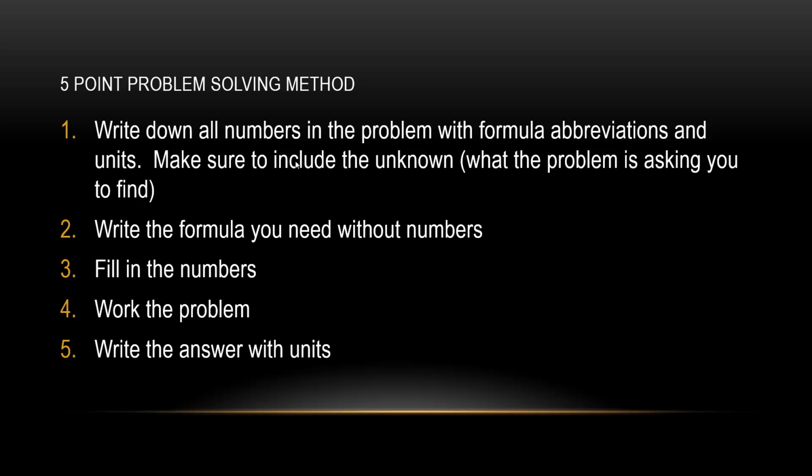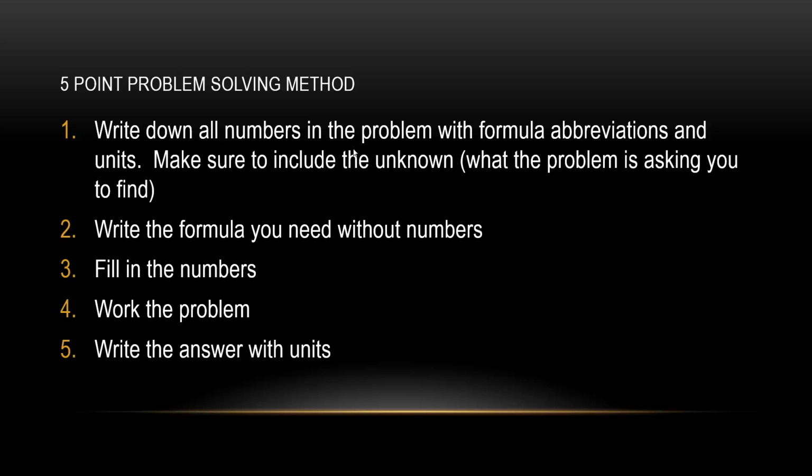So even if you get the wrong answer, but you did the other steps correctly, or some of the other steps, you will get partial credit. However, if you just write the right answer and you don't do the other steps, you will get fewer points for that. So if all you did was write the answer with the units, you get 1 point, which means you don't get these 4 points, and that would be bad. All right? So you have to do all 5 of these things for every math problem we do going forward.